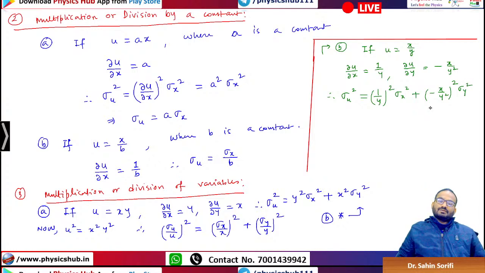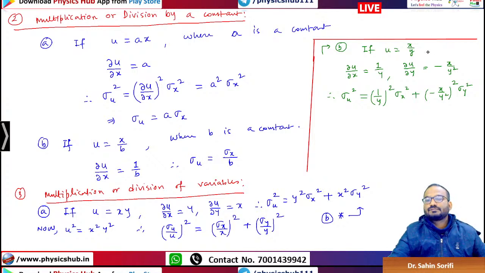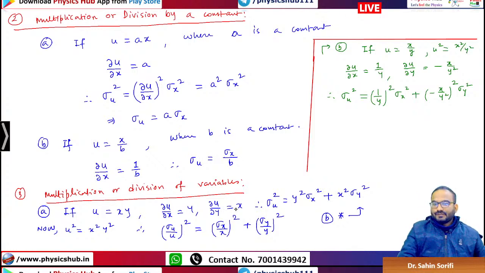Now, if you do the same thing, if you let's say divide by x square by y square, so multiplying by y square by x square, similar thing, right?